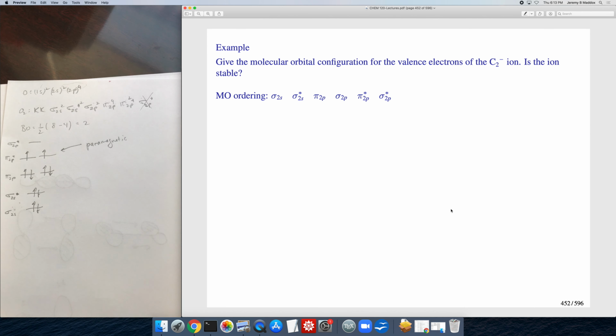You can also do the same thing for the diatomic carbon anion. You would just need to add an additional valence electron to the molecule, calculate the bond order, and use that to determine how stable the ion is. You can do the same thing for the diatomic doubly charged beryllium anion.